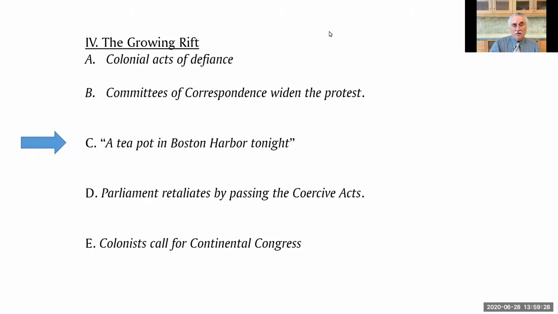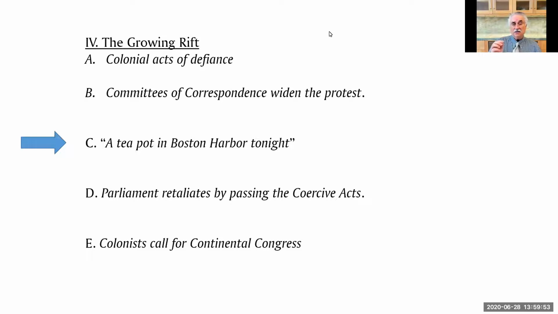So the Tea Act gave a complete monopoly to the East India Company. Merchants in the colonies claimed that Parliament was trying to gain acceptance of its power to tax by passing the Tea Act.